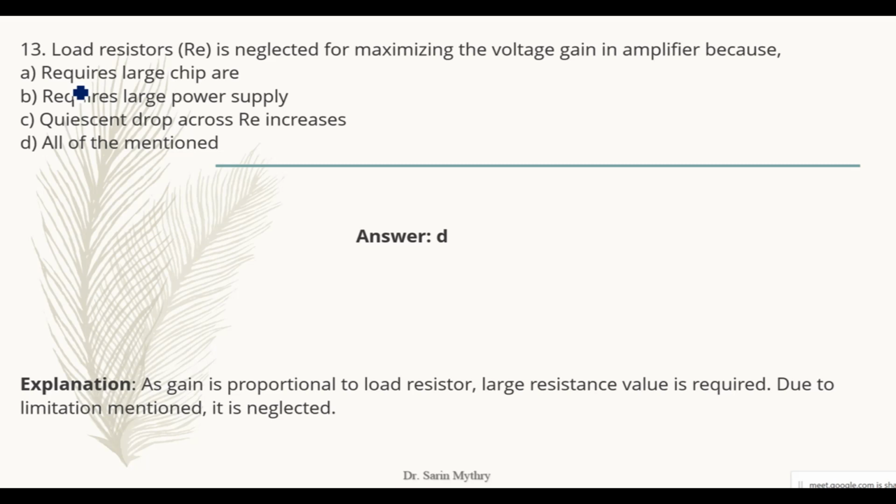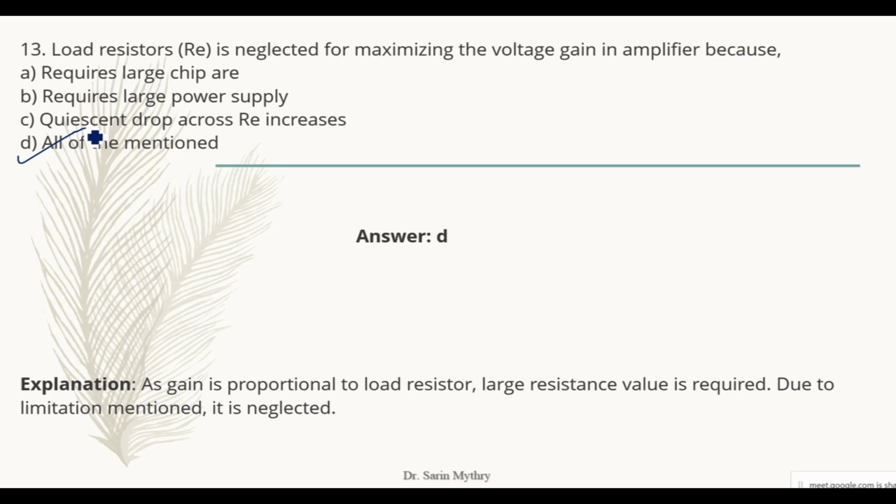Instead of putting large physical resistors on the IC, we can design a pseudo resistor which can produce the same value of resistance. So that's why the fourth option is the correct one. That's the reason we do not use physical resistors here, because they consume a large amount of space, require a large power supply, and voltage drops also will be large.